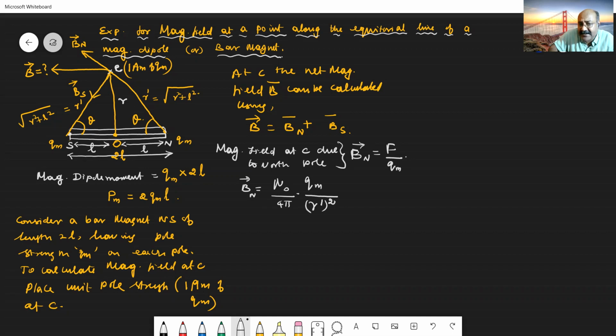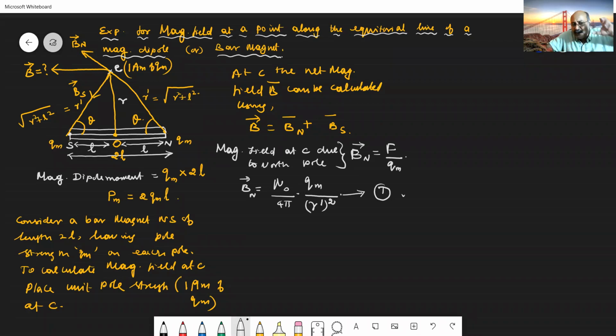Force divided by the pole strength placed at C, which is 1, so it is the same formula. So Bn vector equals mu0 by 4 pi into Qm by R dash square. Any difficulty? Okay. Let us take this as equation number 1.